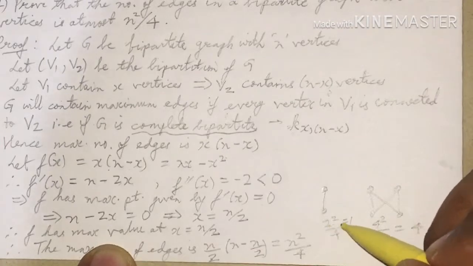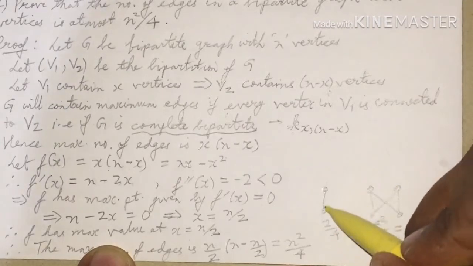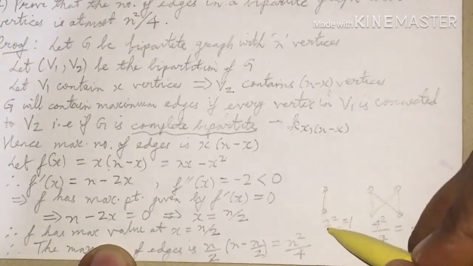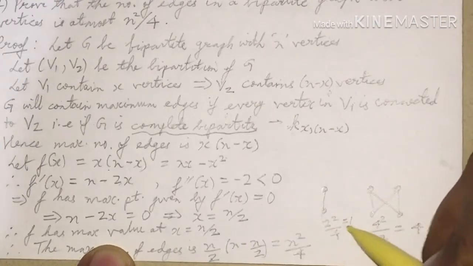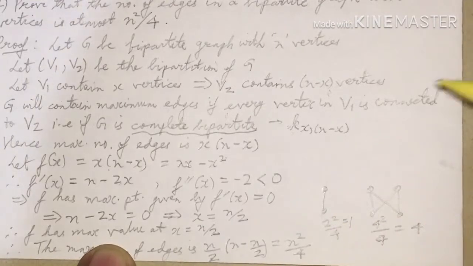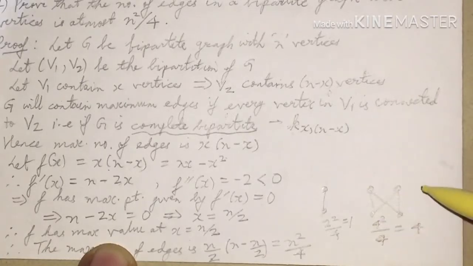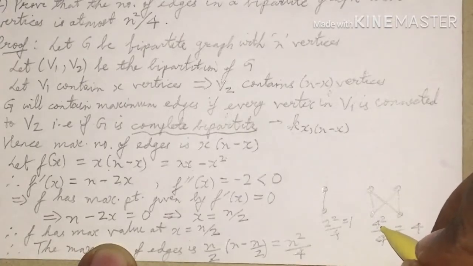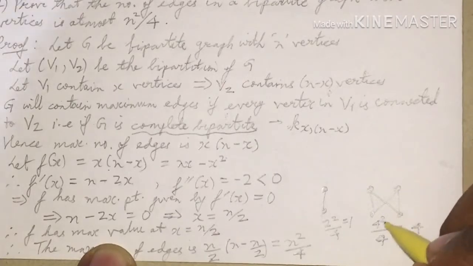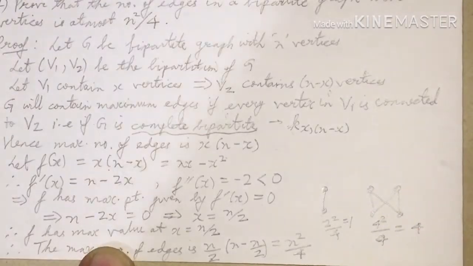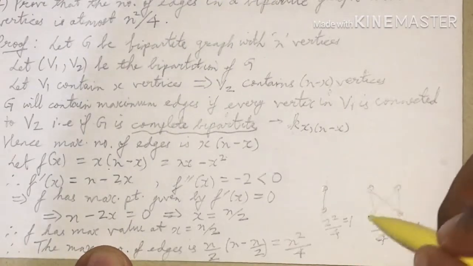So the maximum number of edges is, because the total vertices are 2, 2 square by 4, which is nothing but 4 by 4, which is 1. And here 4 vertices, 2 in each partition. So 4 square, as the total vertices are 4. 4 square by 4, which is nothing but 4 cancels, therefore it's 4. As you can see, 1 2 3 4.